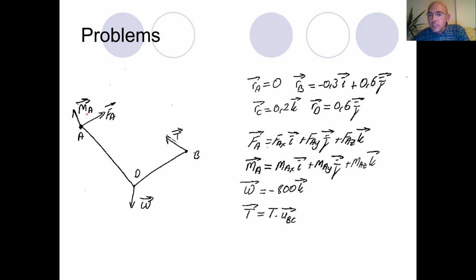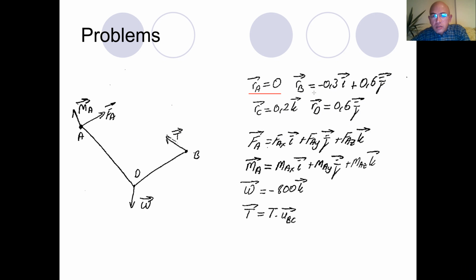Of course, first thing that I need to do is to write the position vectors. In this problem, we are given the coordinate system, so we don't need to define a coordinate system. I will define all the position vectors with respect to this coordinate system. In fact, point A is at the origin of the coordinate. As a result, position vector of A is 0.